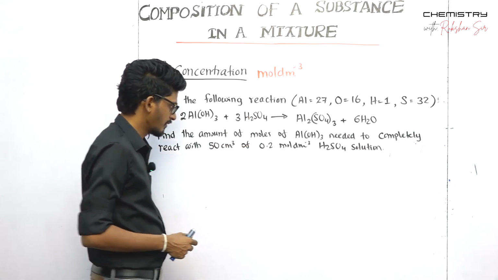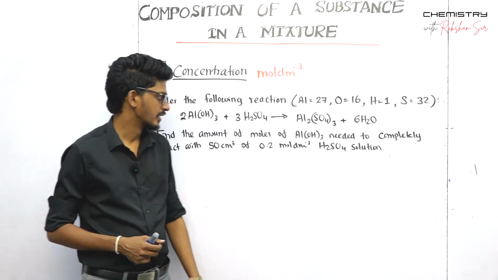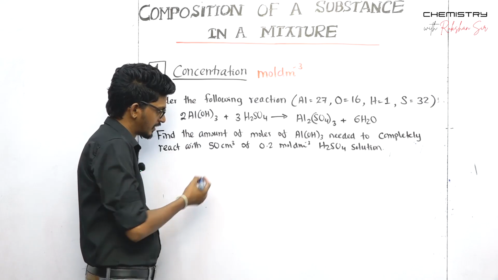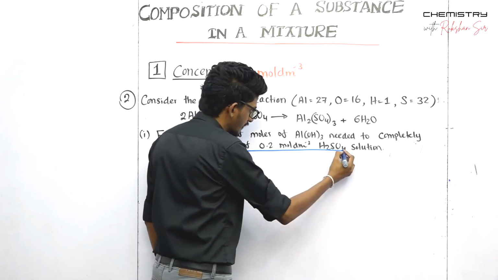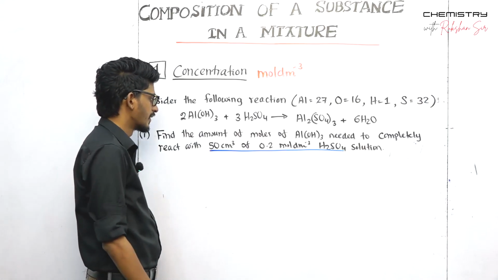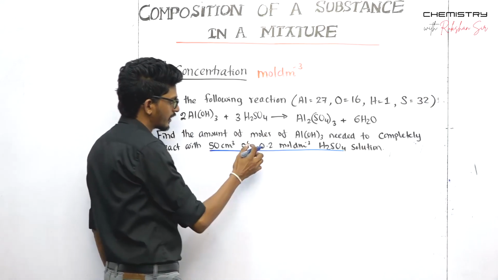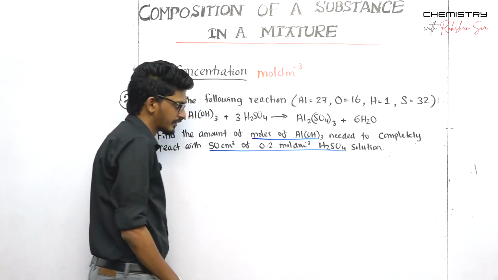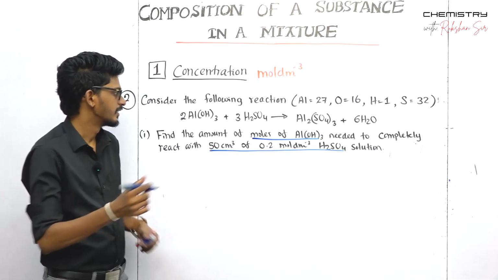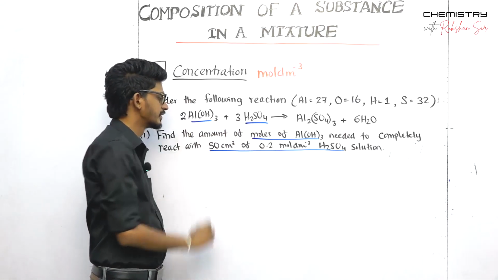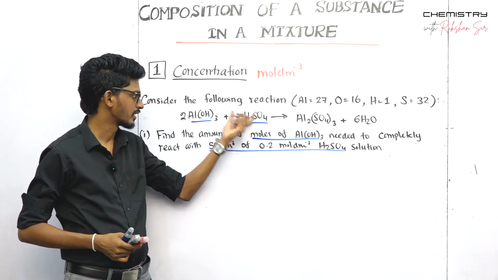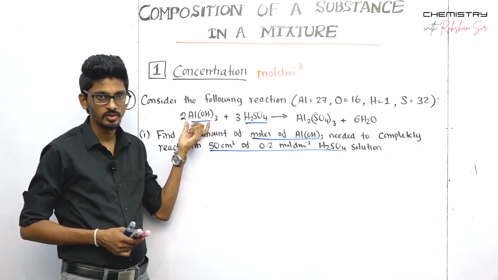So what we need to do here? Basically, they have given some data about the H2SO4, and they are asking us the moles of aluminum hydroxide. So these are two species appearing here.